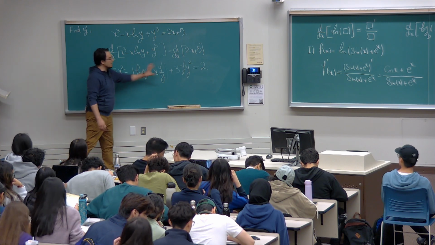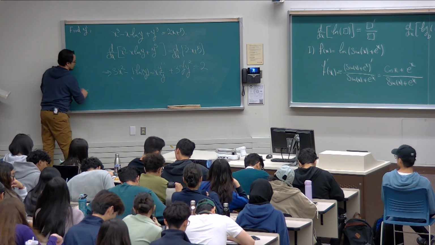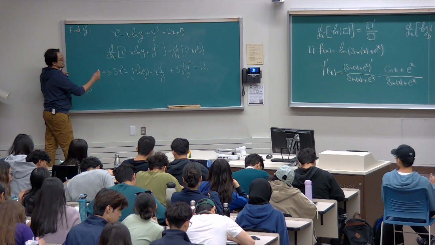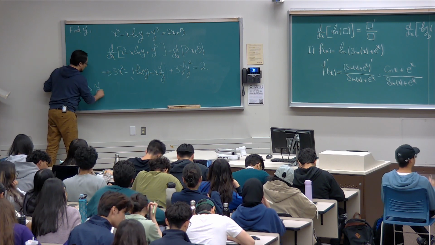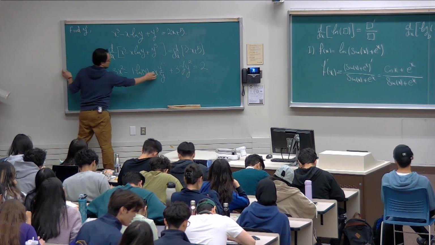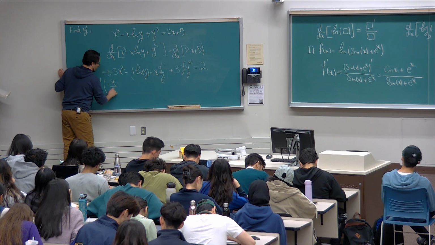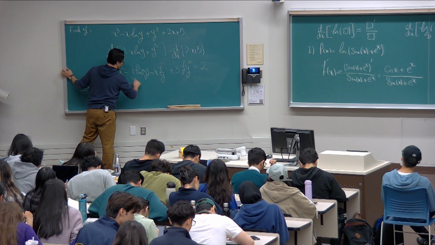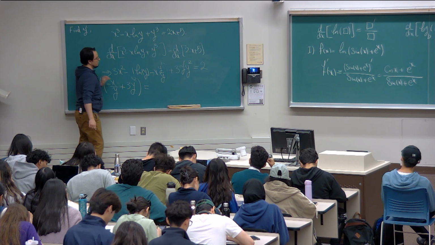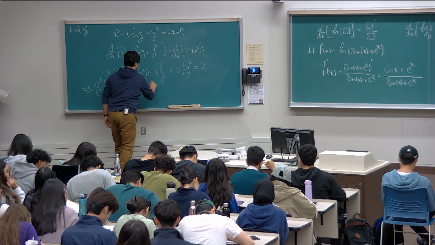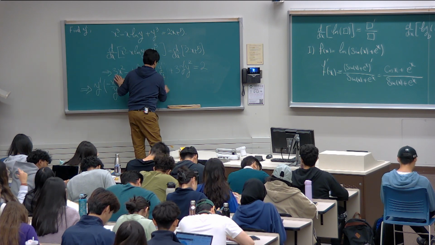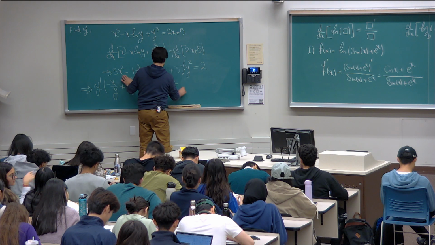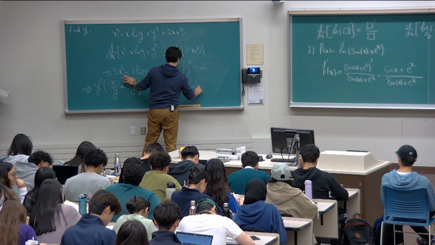And then take everything else to the right-hand side. So I will get y prime times minus x over y plus 3y squared equal, that was 2 on the right-hand side, minus 3x squared plus ln of y.